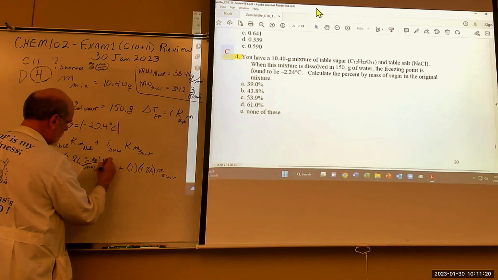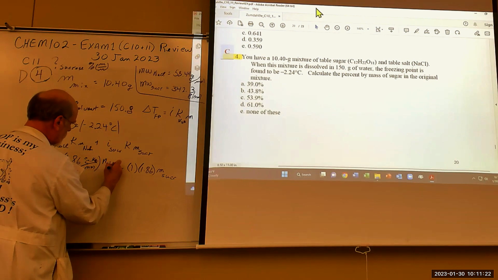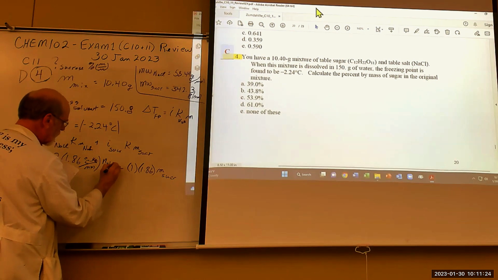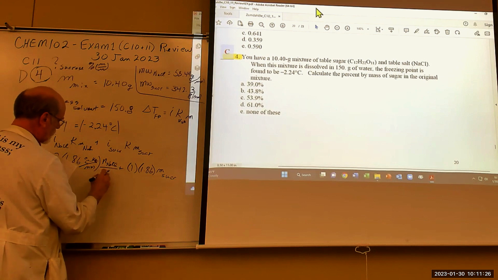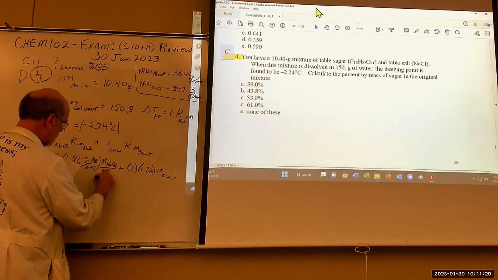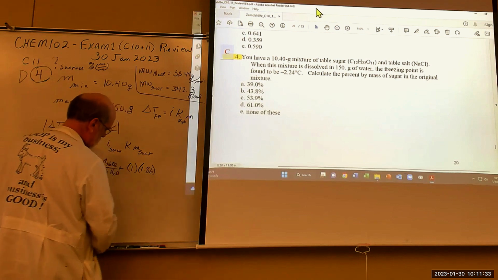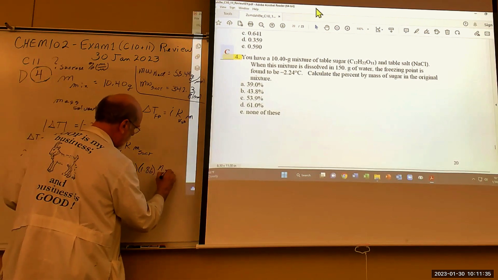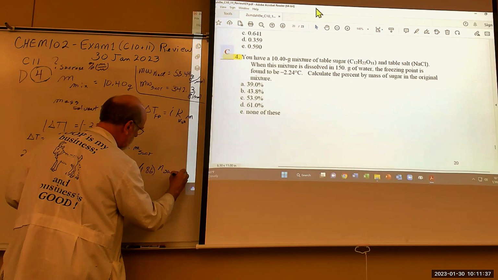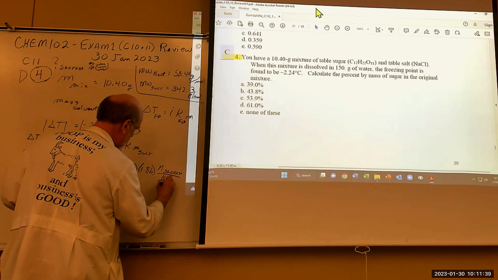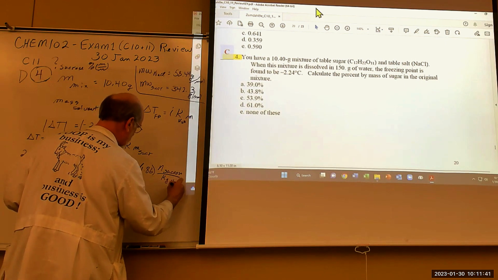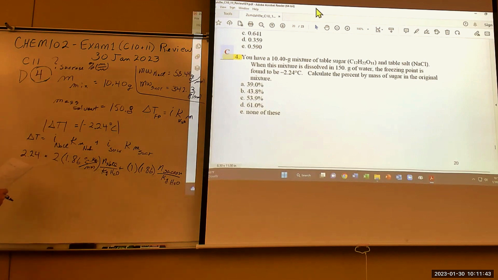It's moles of sodium chloride per kilogram of water. And this is moles of sucrose per kilogram of water.